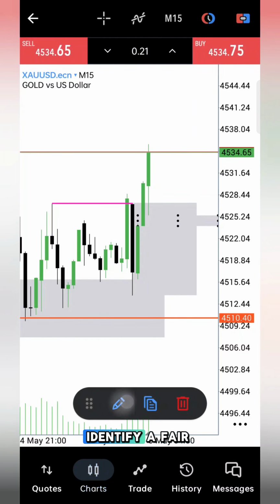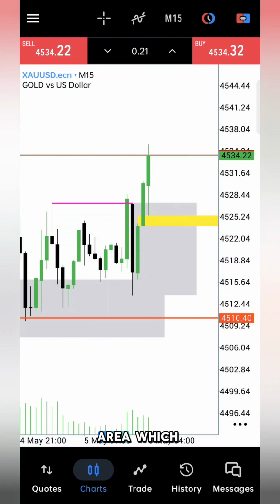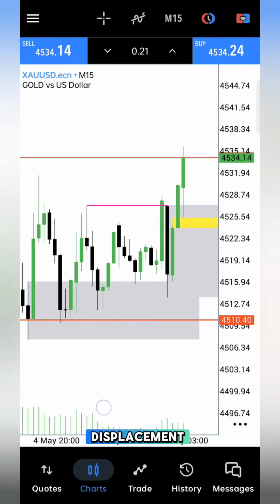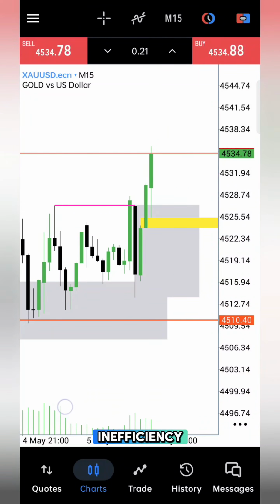We can also identify a fair value gap imbalance in this area, which reflects the strong displacement behind the market shift and acts as a key zone of inefficiency.